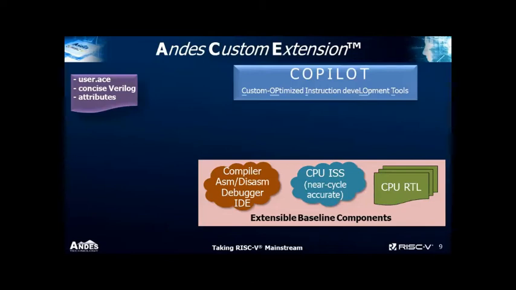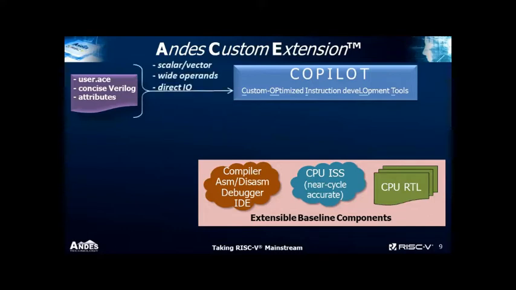When designers are using the ACE, the ACE script includes general information of the custom instruction, such as the name, operand, and custom resource, semantics for the behavior of the custom operation, and other information of a custom instruction. The concise Verilog only includes the custom logic provided by the ACE designer without worry about other interface signals and control logic related to the CPU pipeline.